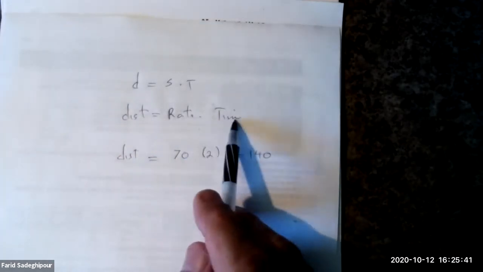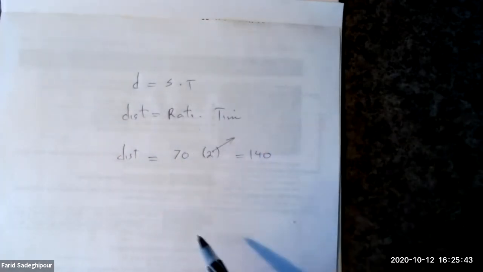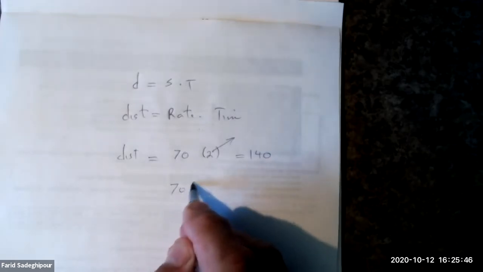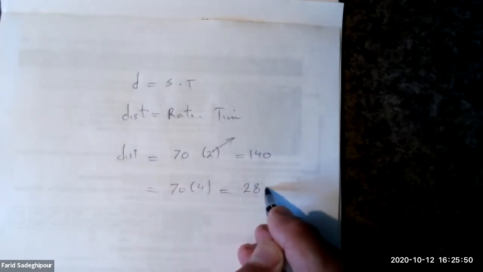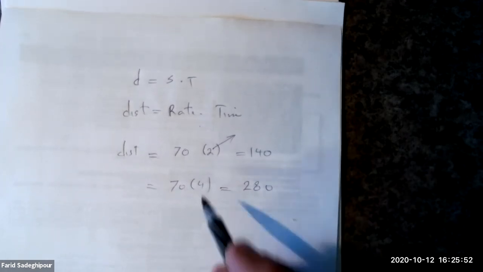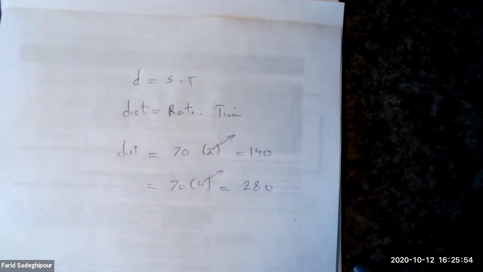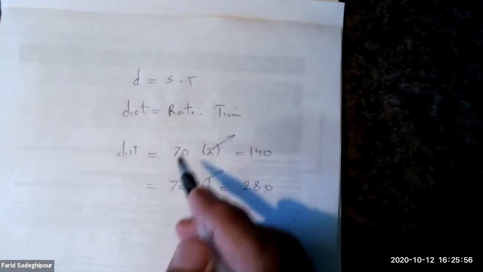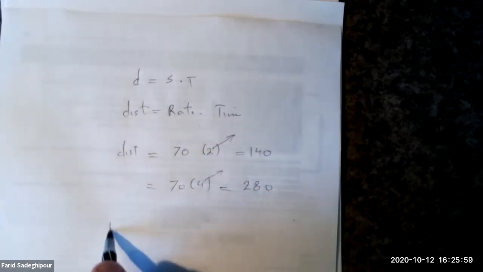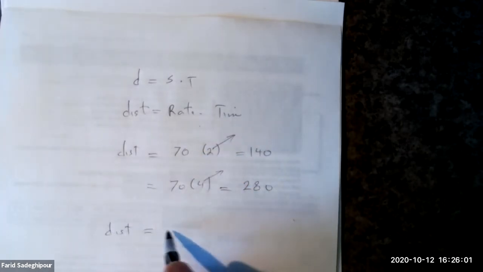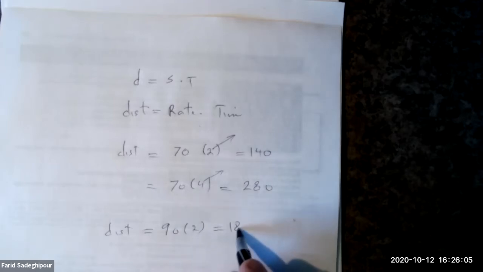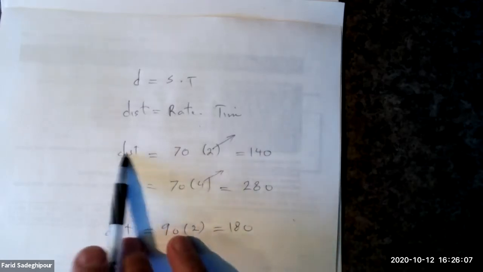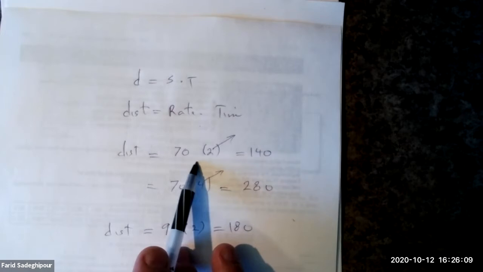Now, if either rate or time increases, let's say time changed to 4, the distance also increases, since there is a direct variation. It could also be a direct variation of the speed too. So if the speed is now 90 miles times 2, you see the distance increases. So this is the direct variation.